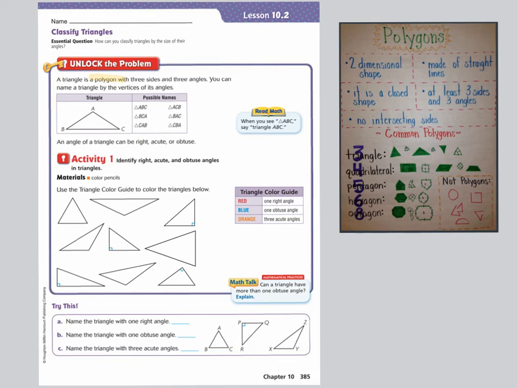In the non-polygons, a circle would not be considered a polygon because it's curved. Polygons are only made of straight lines. Or like a heart, even though it's two-dimensional, it has curves in it, so therefore it's not a polygon.